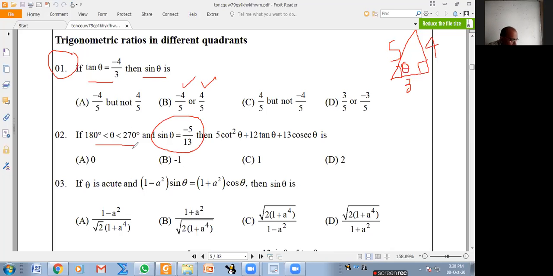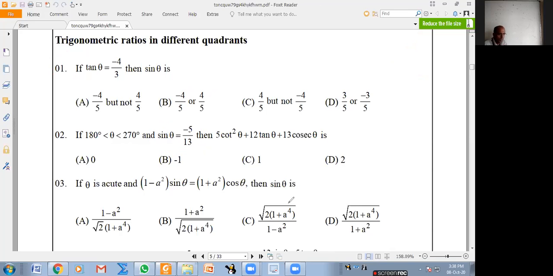If they had given 180 to 360, you have to understand it is third or fourth because sin is negative. Both third and fourth are negative, so they have to tell. All right, not a problem.